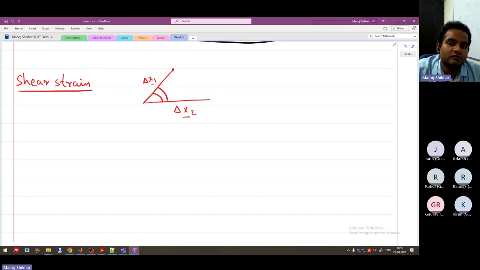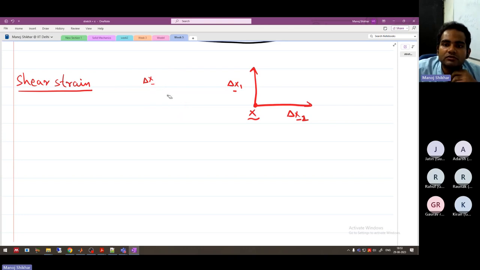Its measure is what we call shear strain. So suppose initially these two line elements were perpendicular. Generally we take x1 along the horizontal axis. So let's follow that norm.